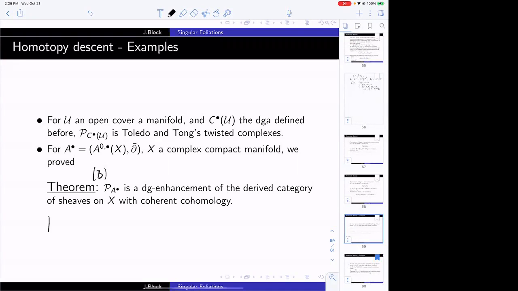The point here is that when you have a DG category, it just means that the morphisms between any two objects form a complex, and you can form the associated homotopy category. And the statement is that in this case, this is equivalent to D co of X, maybe bounded, with the setup that I've done.